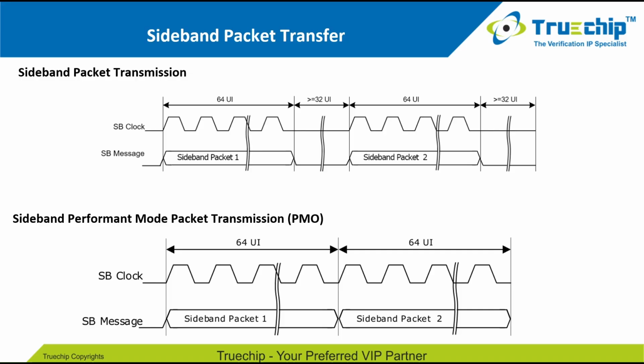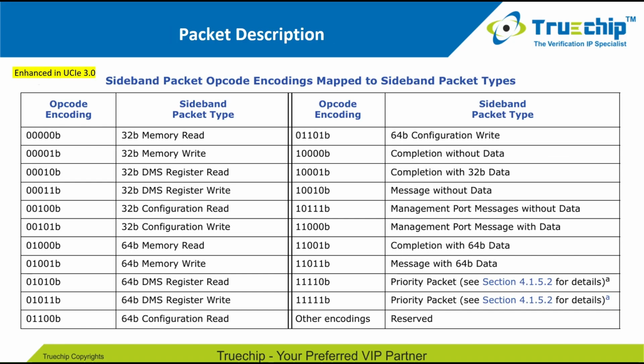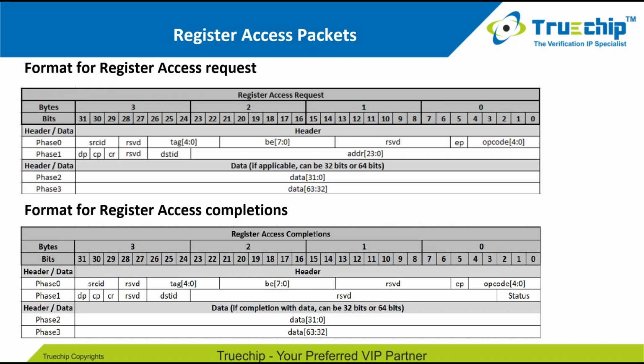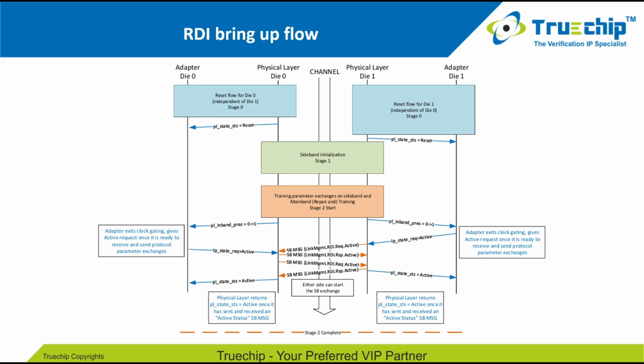So now moving to the next slide. Once the PHY is trained, the layers need to handshake. First the RDI bring up is done. This handshake is done between the physical layer and the adapter layer. Here the diagram shows the flow.